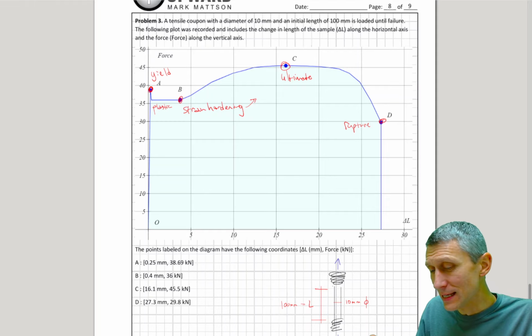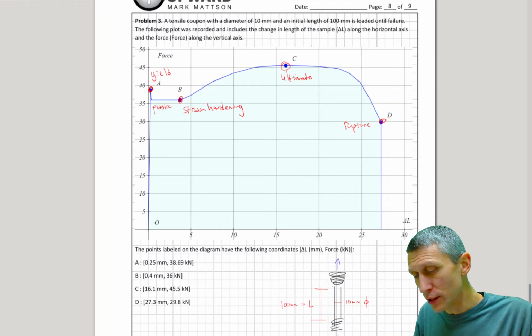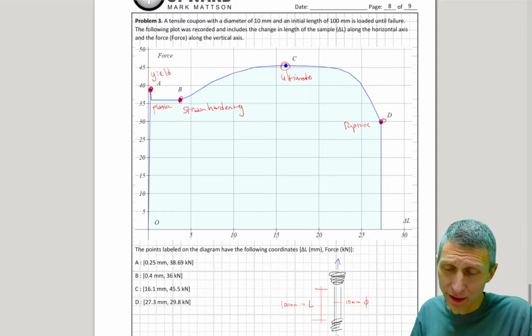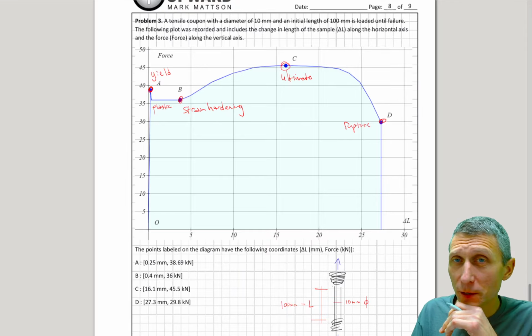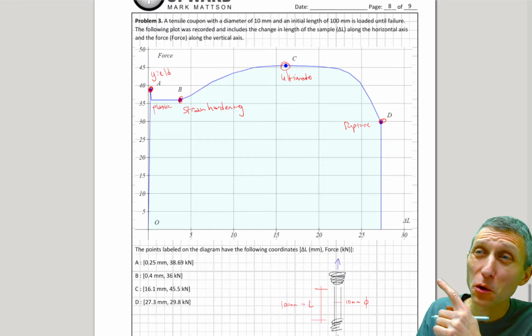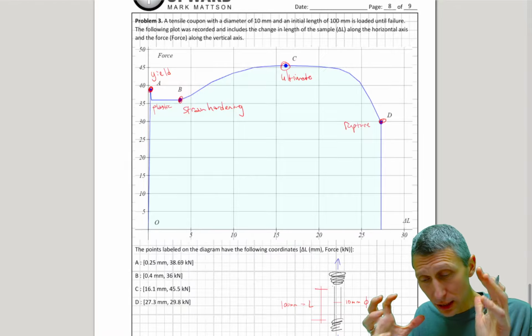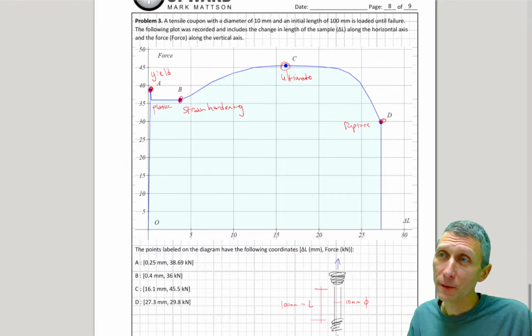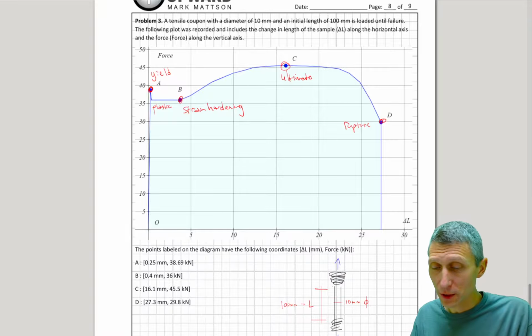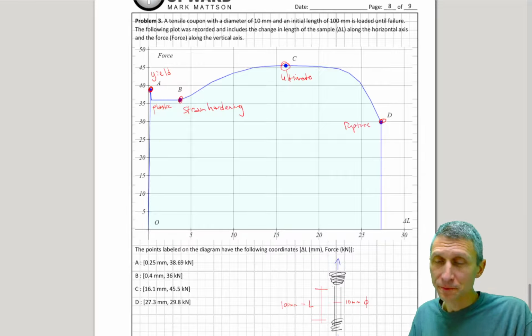But these values and this curve become important, especially when I teach a concrete design course, we go over stress strain elongation all the time, and you have to understand those pieces, because once you get past this yield point, you have a certain stress. Before that yield point, you have a different stress.